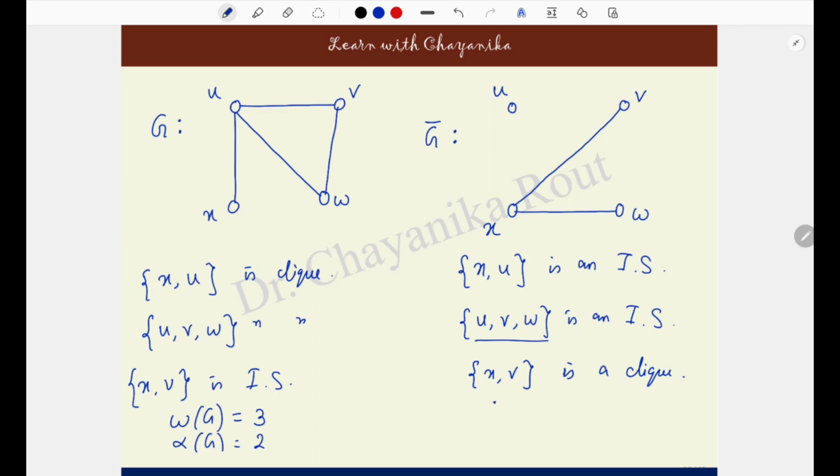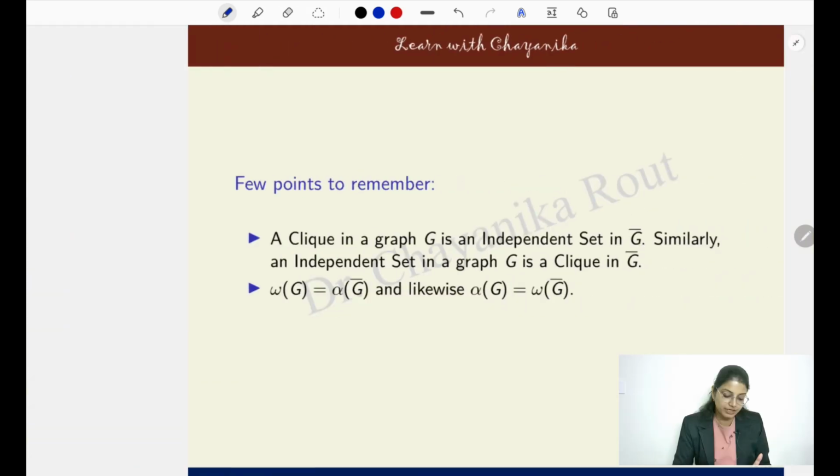And if we see, the clique number of G complement is 2 and the independence number of G complement is 3. So basically the clique number of a graph is the same as the independence number of the complement of the graph, and the independence number of a graph is same as the clique number of the complement of the graph.